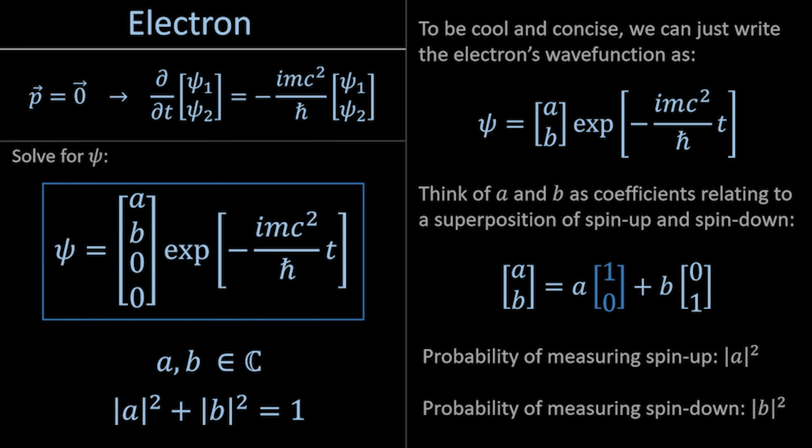Now the spinor (1, 0) corresponds to a purely spin-up electron, while the spinor (0, 1) corresponds to a spin-down electron. So if the electron has spinor AB with magnitude A squared plus magnitude B squared equals 1, that is normalized, then it's in a superposition of spin states, and when its spin is measured, there's going to be a magnitude of A squared probability of measuring it spin up, and a magnitude of B squared probability of measuring it spin down.